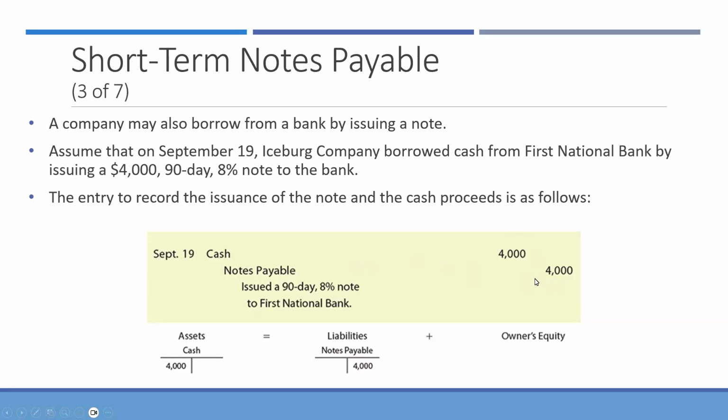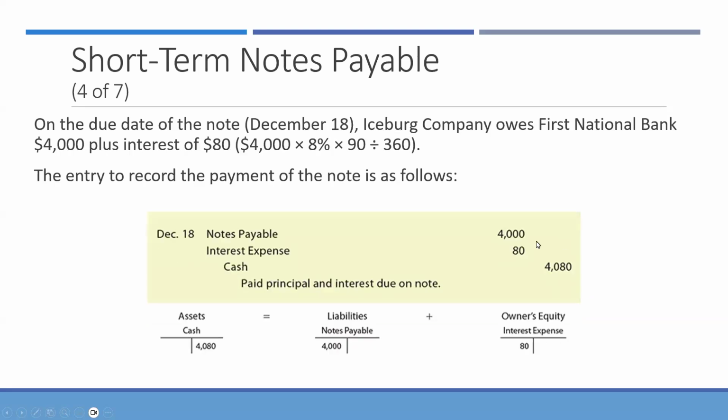And so debit cash, credit notes payable. 90 days later, we have to pay $80, which is 8% interest for 90 days out of 360, which is 8% of 1,000 is $80. Divided by 4 is $20, but times 4 for 4,000, that's $80. So we debit our notes payable, debit our interest expense, and credit to cash for the amount of cash that we owe.